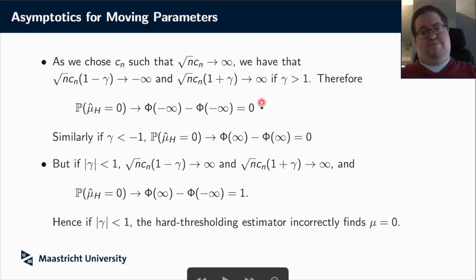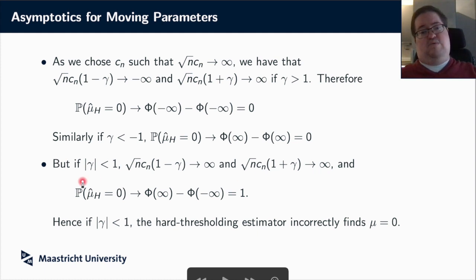So that's good. Now the tricky part comes if we take gamma smaller than 1 in absolute value. Because now 1 minus gamma will be positive. So multiplying it by something that goes to infinity will make this whole thing go to infinity. But the other term also goes to infinity.